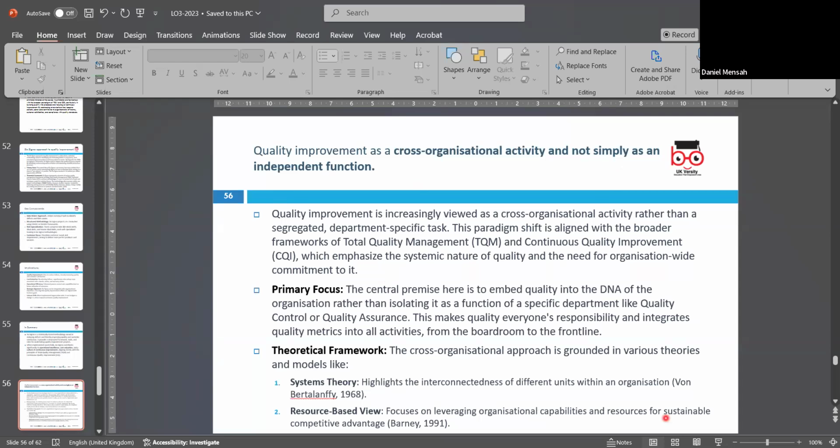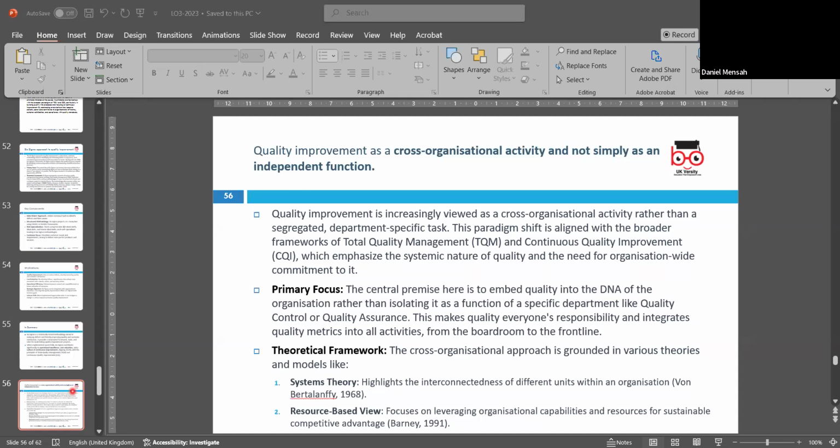Definitely, they try to emphasize it should be a core cross-organizational activity, not the activity of one single department. So they are stressing and viewing quality as an organization-wide responsibility. It shouldn't be limited to a specific department like quality control or quality assurance.